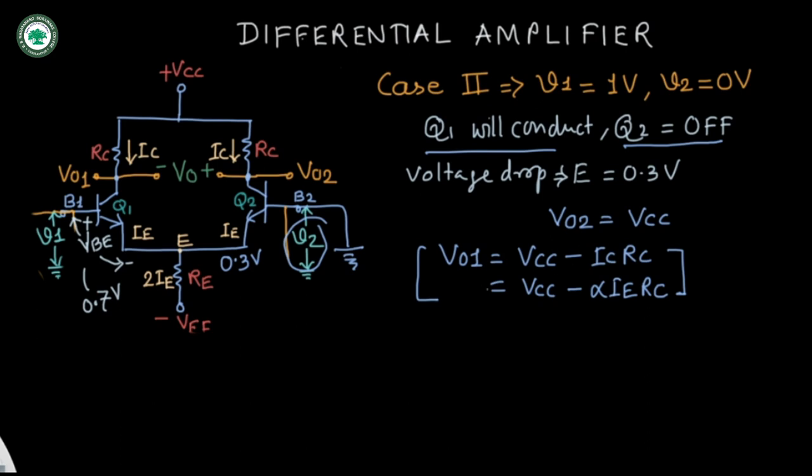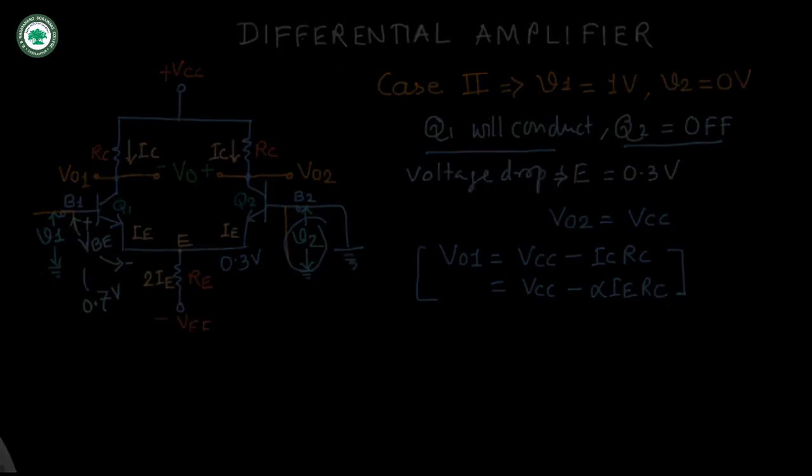So this will be the difference between the two outputs, VO1 minus VO2. There will be no similarity, so there will be some differential output in this case 2.